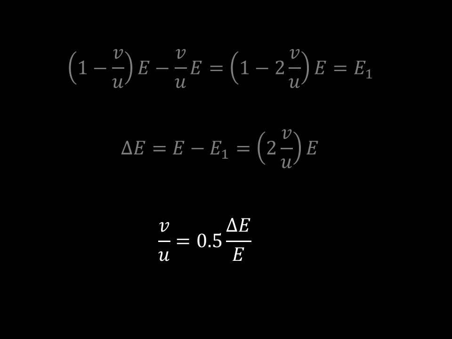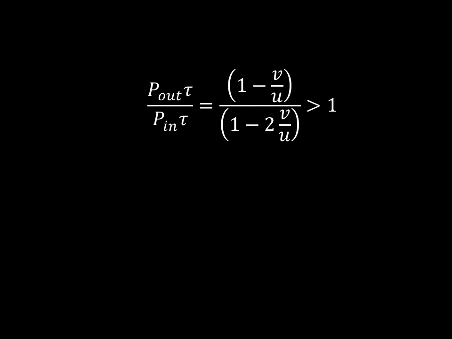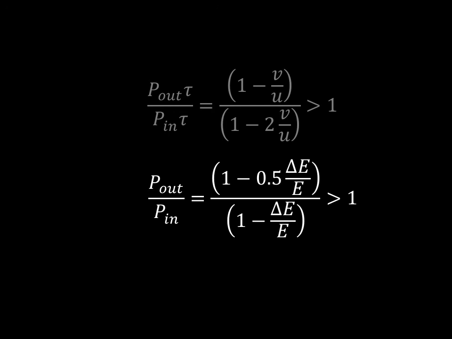And, therefore, V over U can be expressed as 0.5 times delta E over E. Thus, the expression showing that the output energy is greater than the input energy becomes equivalent to an expression which only includes the initial voltage and the change which this initial voltage undergoes in the presence of the reverse process. As seen, no calorimetric measurements are necessary for the determination of the value of the observed excess energy.